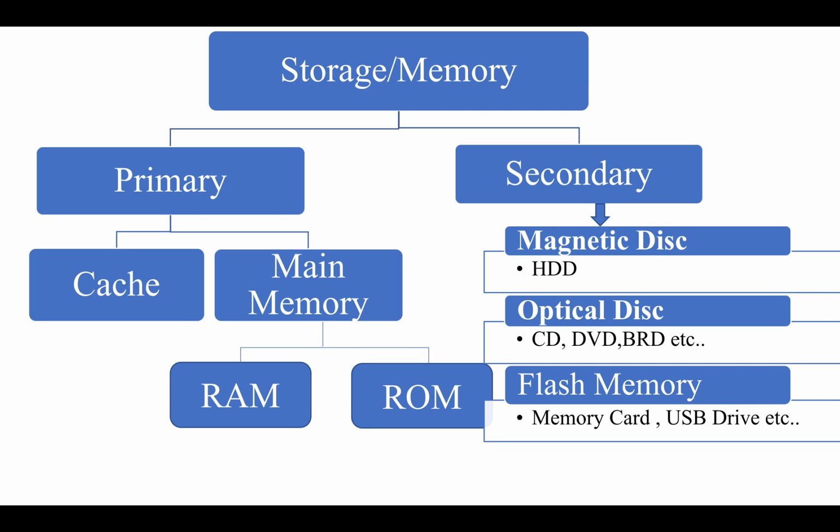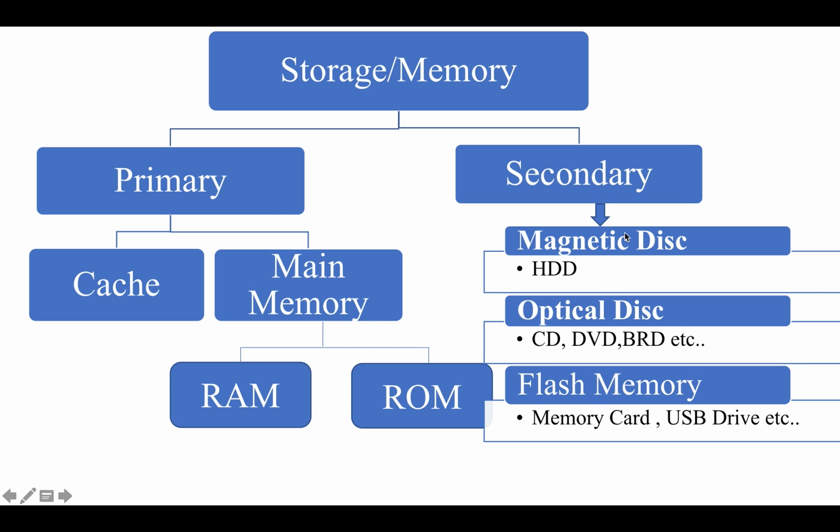Random access memory stores data in GBs, read-only memory stores data in MBs. The data stored in the ROM is used in the basic level of the computer or in the startup process of the computer, and it was stored at the time of manufacturing and cannot be changed anytime.